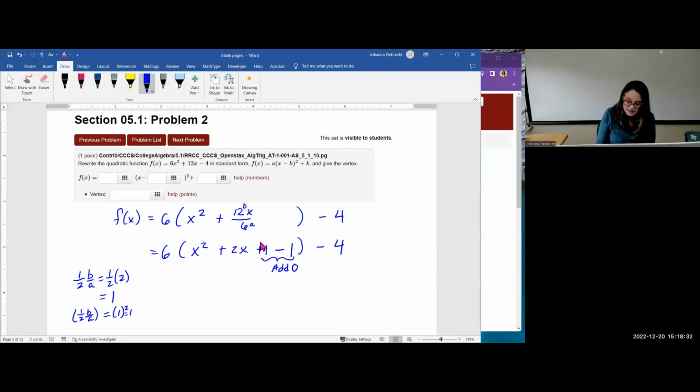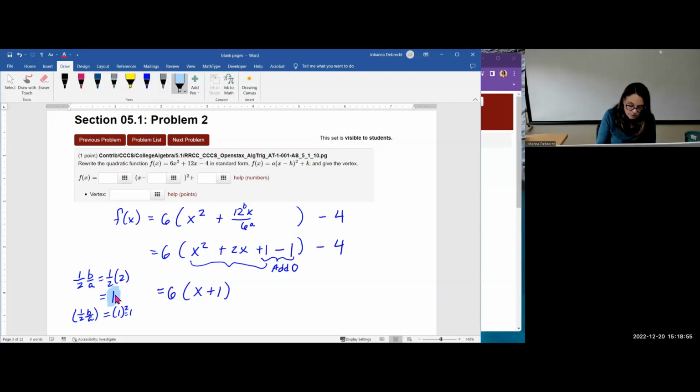All right, so the next thing we're going to do is factor the first 3 terms into the binomial square and distribute the 6 times the -1. And what I say is bounce it out of the parentheses. So now we have 6. The trinomial, the first 3 terms, factor as x plus 1.